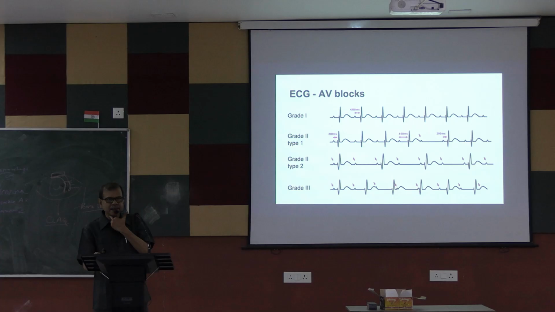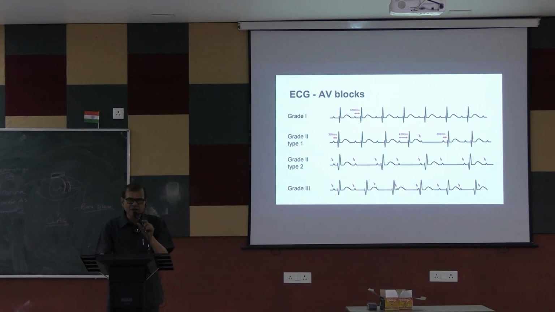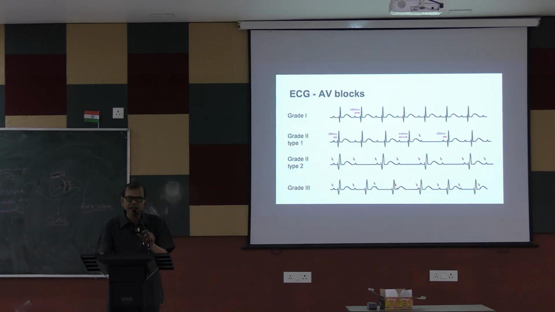Here we get two A waves, here we get one pulse, simple calculation, 2:1 AV block. So first, aberration from normalcy of heart rate, second, discrepancy between the A waves and the radial arterial pulse. This is a clinical clue for the diagnosis of second degree, especially 2:1 AV block. And there is also apex beat to radial beat ratio disruption.